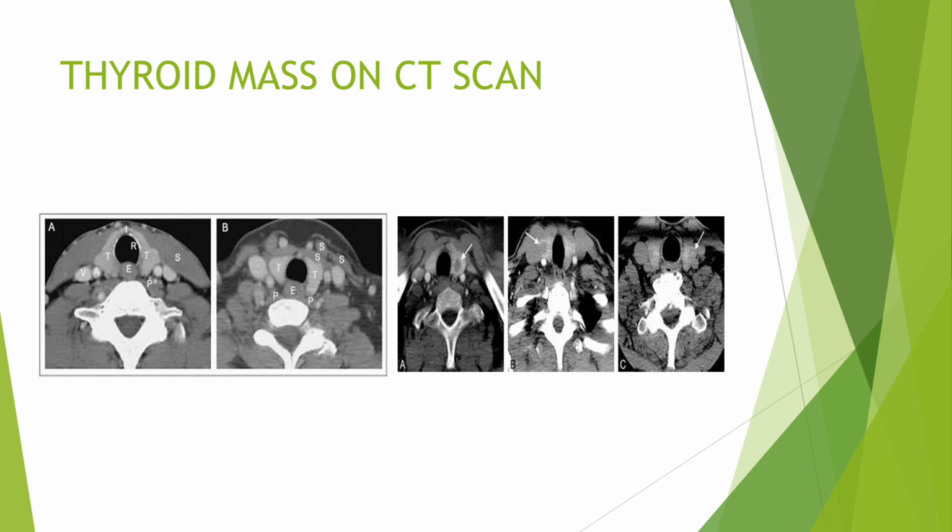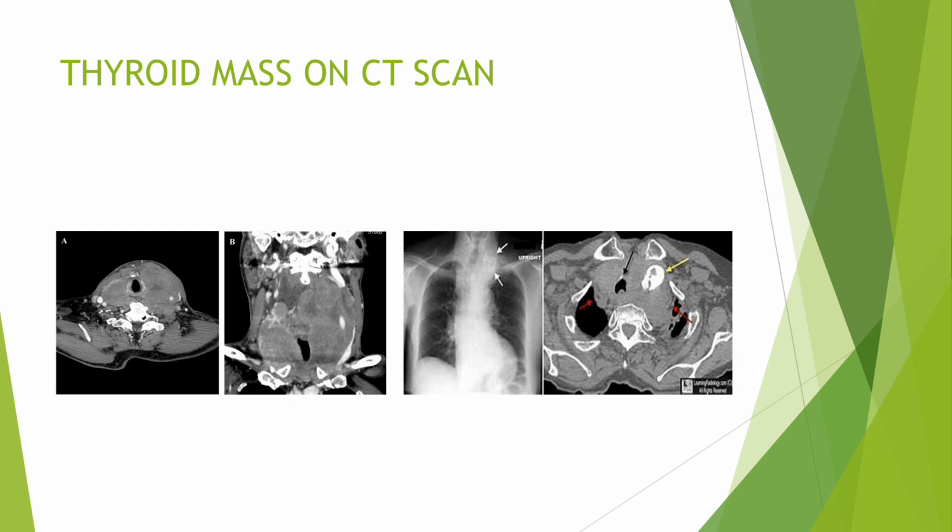On the right images, you can see a hypodense or hypoattenuating nodule on the left side of the thyroid gland. On the middle picture, you can see a hypoattenuating nodule which is eccentric on the right side. And on the last image, you can see a fairly defined nodule on the left side of the thyroid gland.